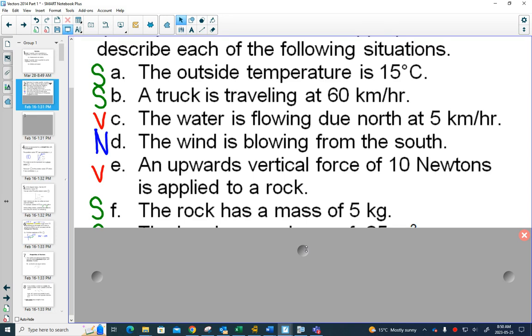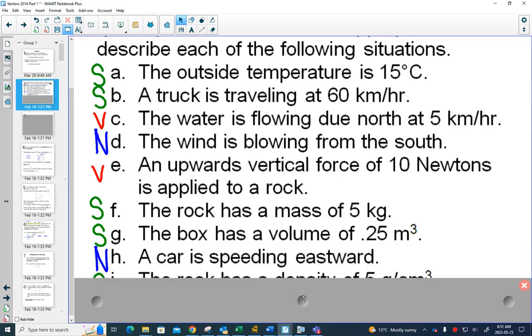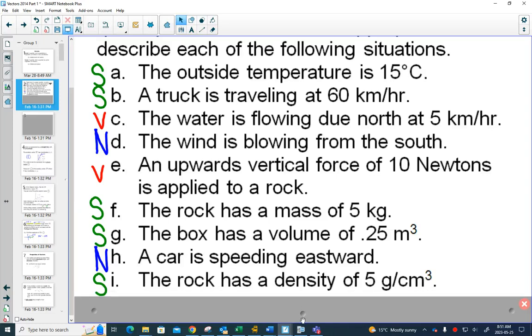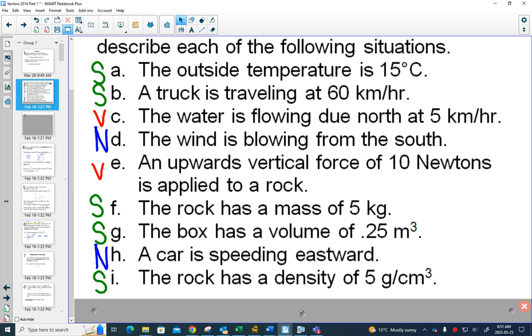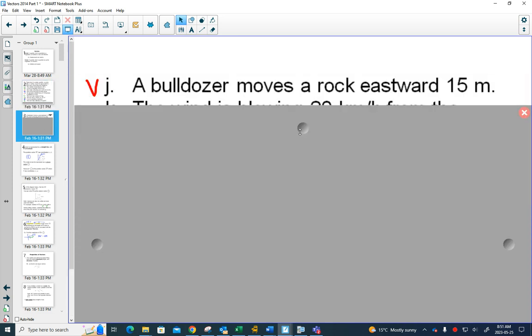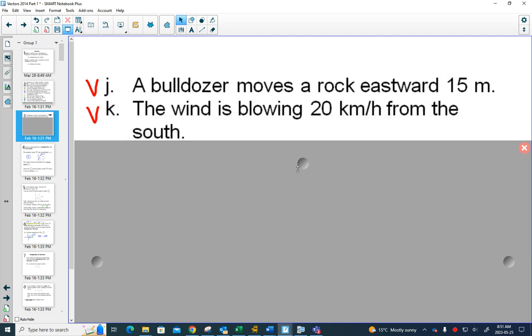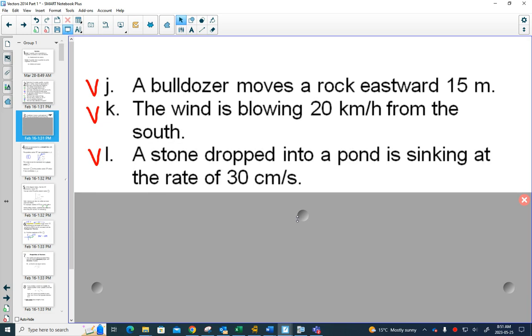Rock has a mass of 5 kilograms, scalar, box is scalar. Car is speeding eastward, just a direction, so that's neither. Rock has a density of 5 grams. Vector, wind blowing from the south, vector. Stone dropped. This one is a vector because it's going straight down.